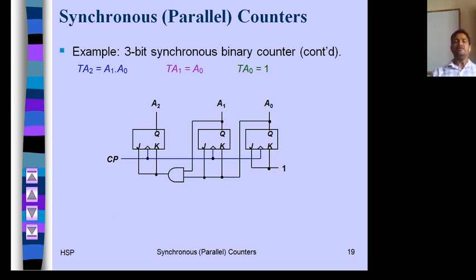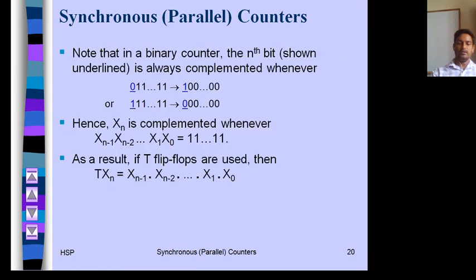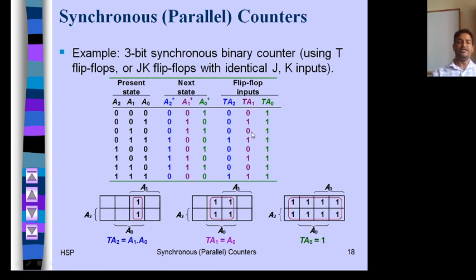Now I will tell you the shortcut method from where you are getting this. Okay, just you have to concentrate on this table. Okay, what is happening here? In A0, after every clock pulse, A0 is toggling.